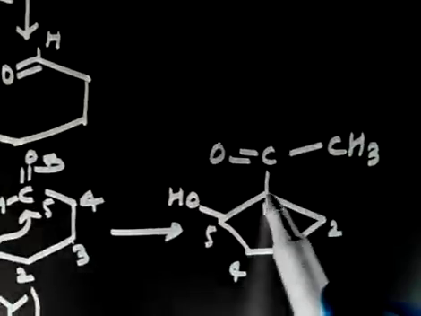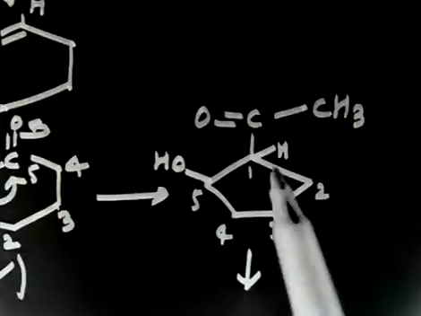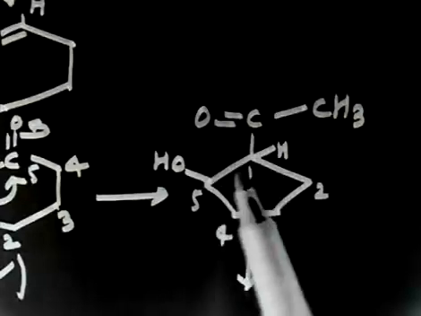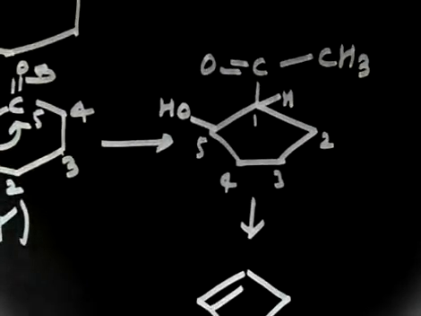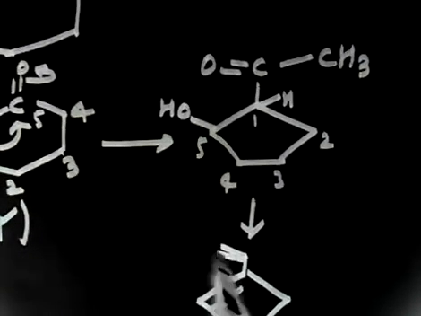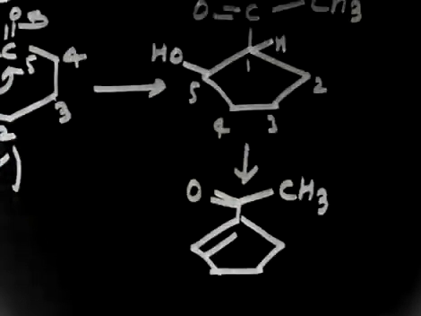In the next step, loss of H2O, because aldol condensation usually loses H2O, so you will have a double bond here. So you will have a 5-membered ring and a double bond, and on one side you have CO, on the other side CH3. Are you getting? Now the same product you have.